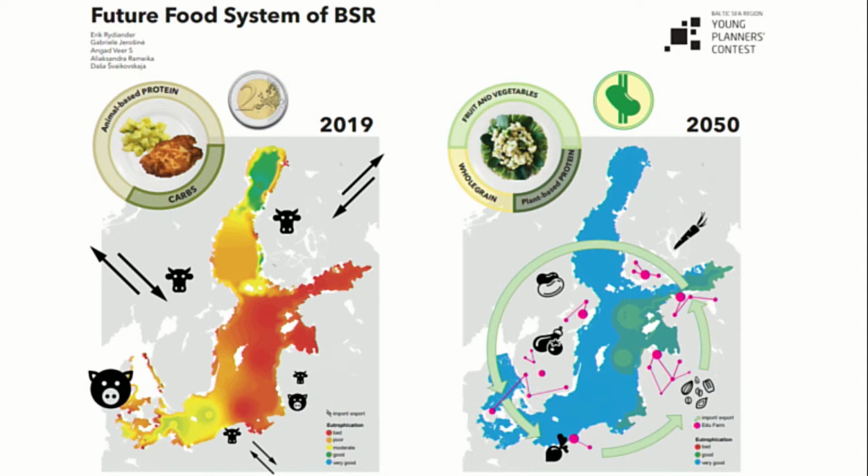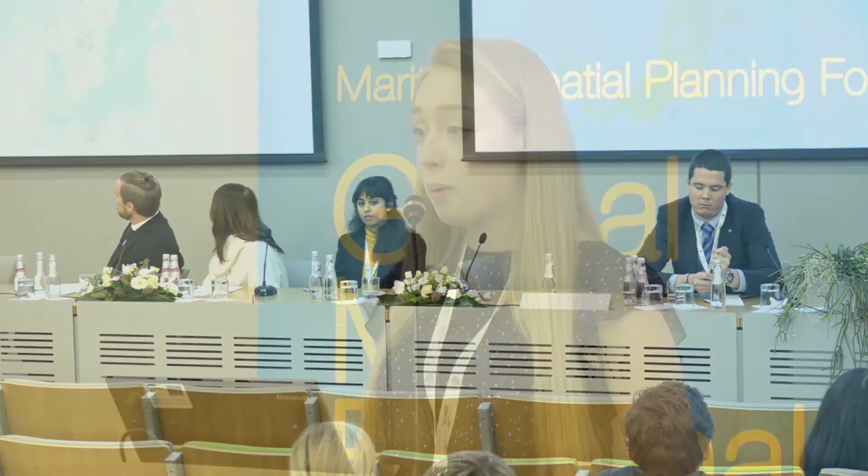Our current unsustainable food systems continue to put constant pressure on the ecosystem of the Baltic Sea. For instance, our meat-heavy diets are one of the main driving factors of the constant nutrient flow into the Baltic Sea, with the common agricultural policy of the EU also subsidizing large-scale industrial livestock farming.